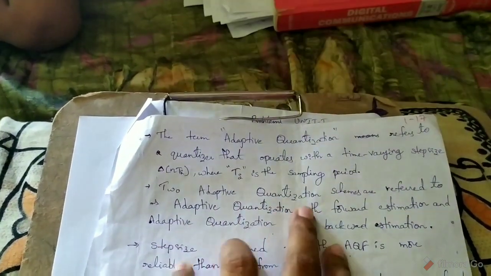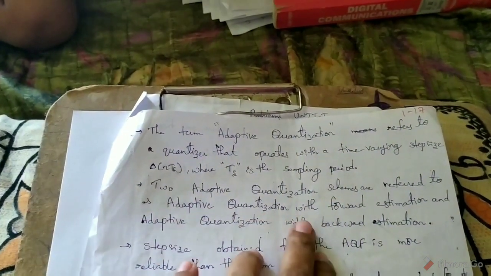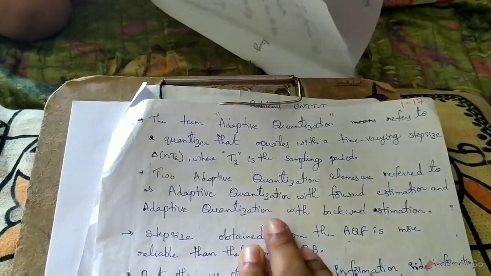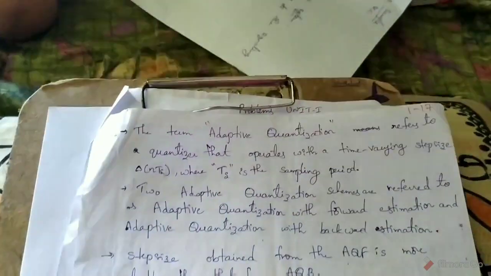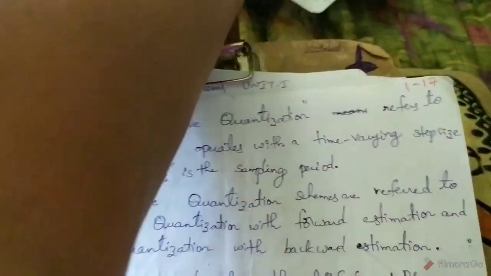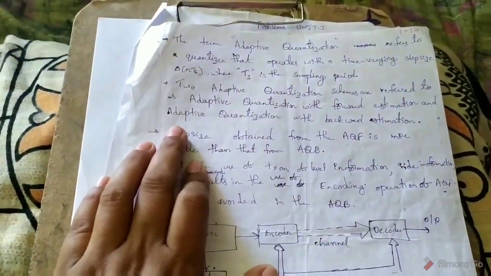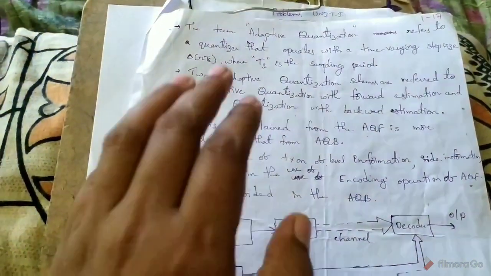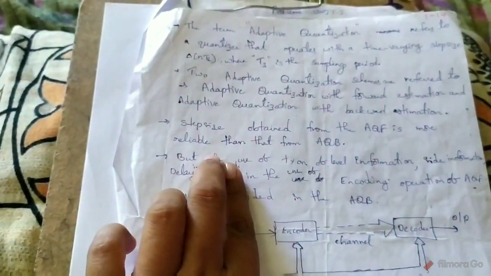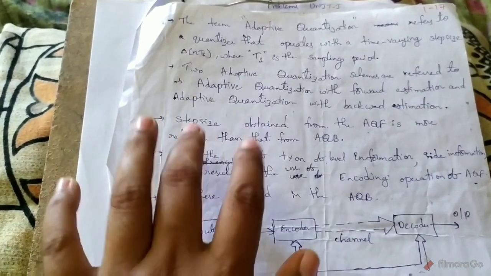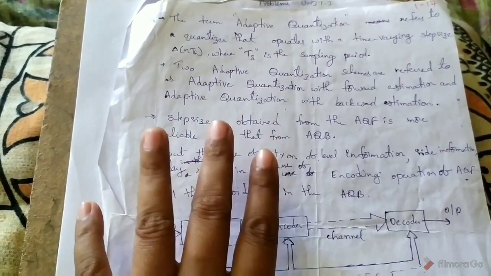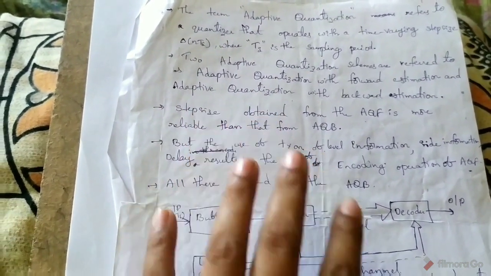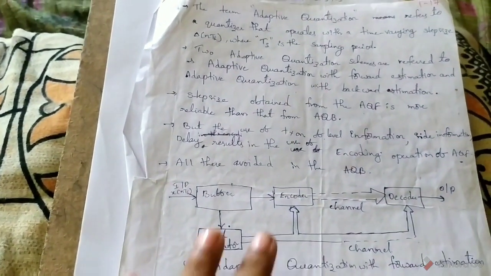Two adaptive quantization schemes are referred to as adaptive quantization with forward estimation and adaptive quantization with backward estimation. So in adaptive quantization we have two methods, two schemes. In adaptive prediction we have two schemes. So what are the diagrams for these schemes? We will see here.